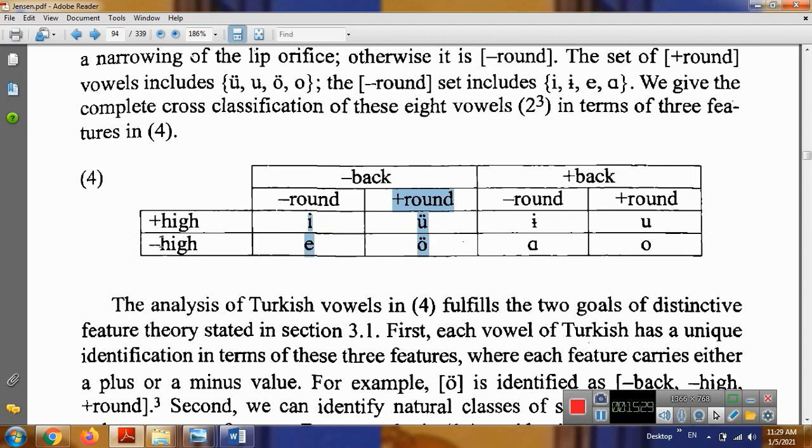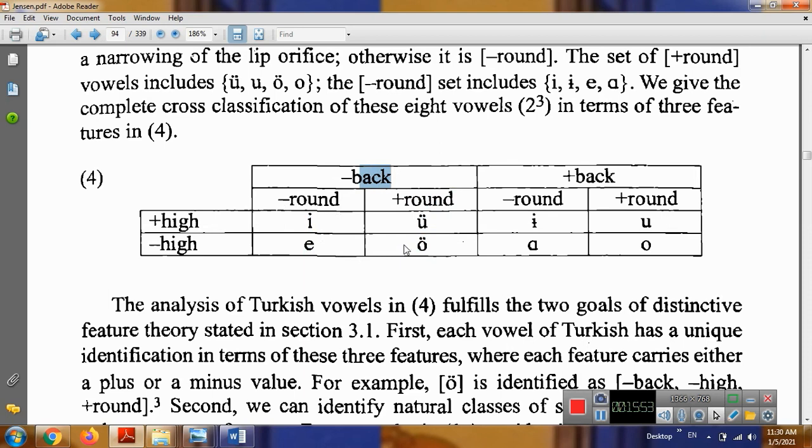Therefore, they are not the same with each other according to the feature of high. I put it aside. According to round, these two, e and a, are minus round, but these two are plus round. They are not the same with each other according to the feature of round.